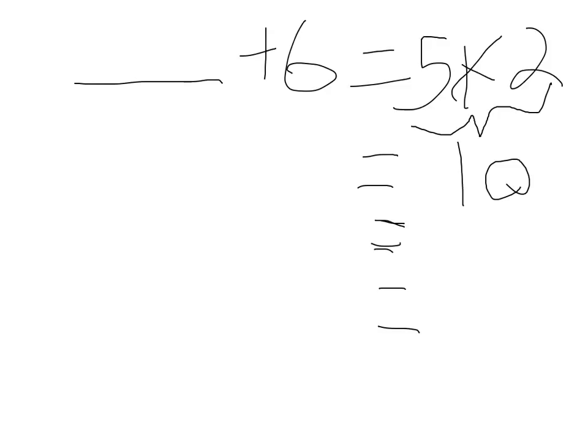So now we're going to have to do the opposite. Yeah, so like this, and then instead of plus 6, we're going to minus 6. Then we're going to have to minus 6 on this side, which crosses this out and crosses this out. So now we only have 10.